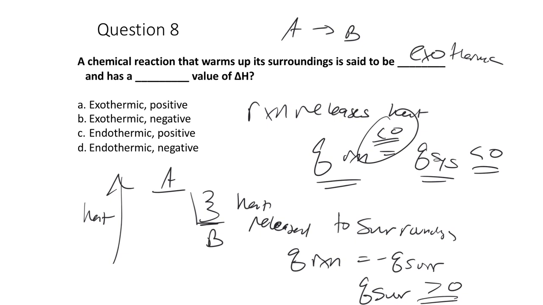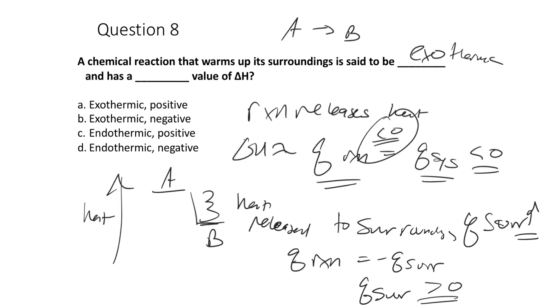So the temperature of the surroundings is greater than 0 for a reaction that's releasing heat. A reaction that releases heat, where does it go? It goes to the surroundings. The surroundings gains the heat in this example. So exothermic reactions release heat, the heat goes to the surroundings, and the temperature increases. Delta H is our state function for the molar quantity of a substance undergoing a change, so the delta H of this process would also be negative.